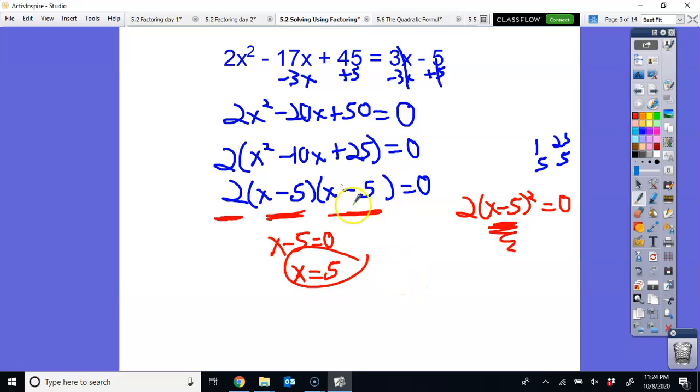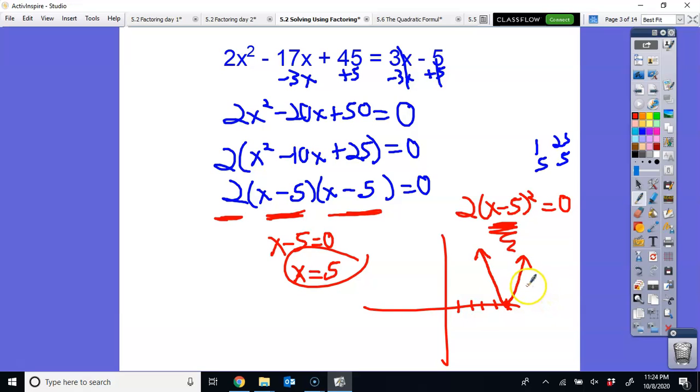What does that mean? Well, I got 5 for this one too, but that's still the same answer. Think about the graph. That means that this graph would touch the x-axis over here at 5, and that would be it. That means this one would actually be our vertex of our graph at 5.